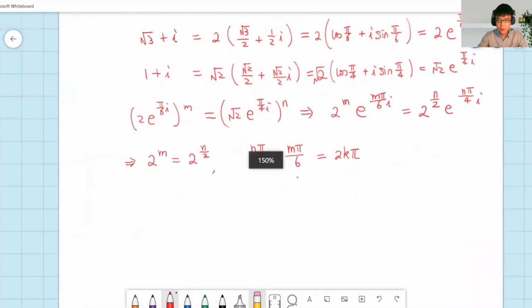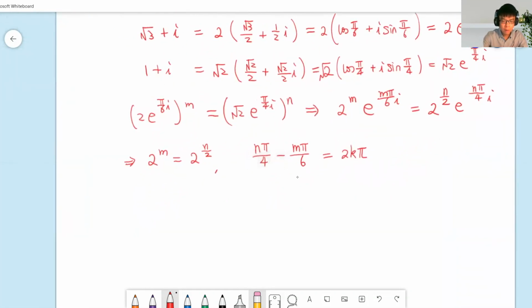Right, so first we find a relation between m and n from the first equation. Let's call this the first equation, and this the second equation. The first equation says that because they have the same base 2, the exponents are equal. So m equals n over 2. In other words, n equals 2m. So n is twice m.